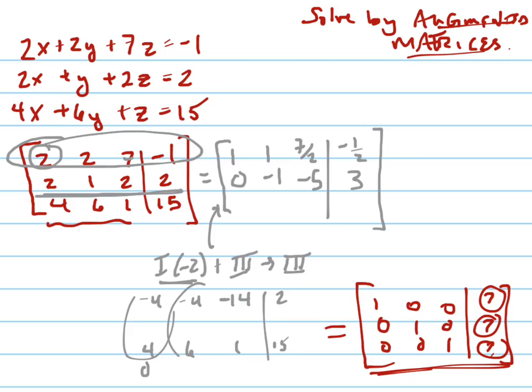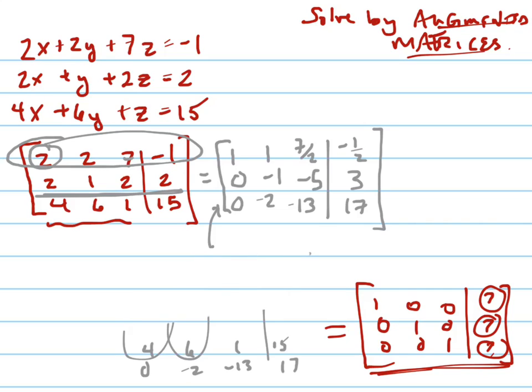That's 0, that's negative 2, that's negative 13, and that's positive 17. So I've got 0, negative 2, negative 13, positive 17. All right, so that was my first step. Notice that I turned that first column into reduced row echelon form, which is what I was looking to do.